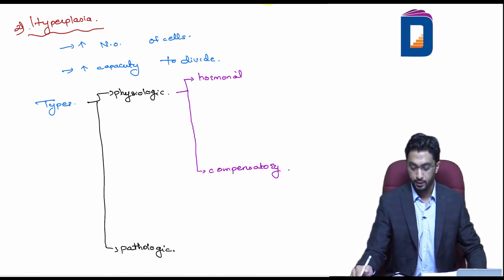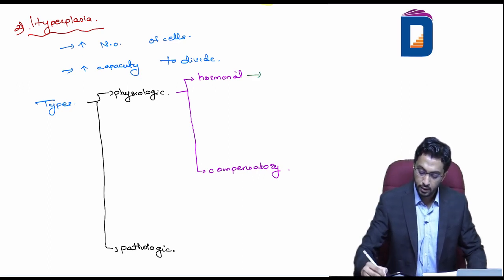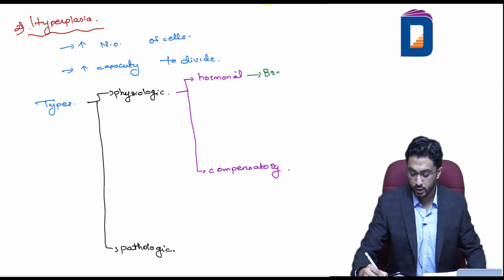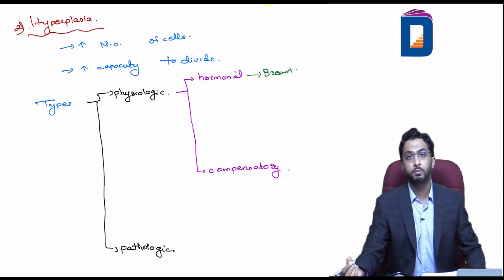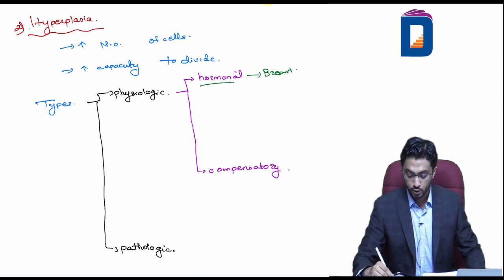What is hormonal? We've seen the example that the female breast during pregnancy or during puberty undergoes hyperplasia under the influence of various hormones. That is why it's hormonal.